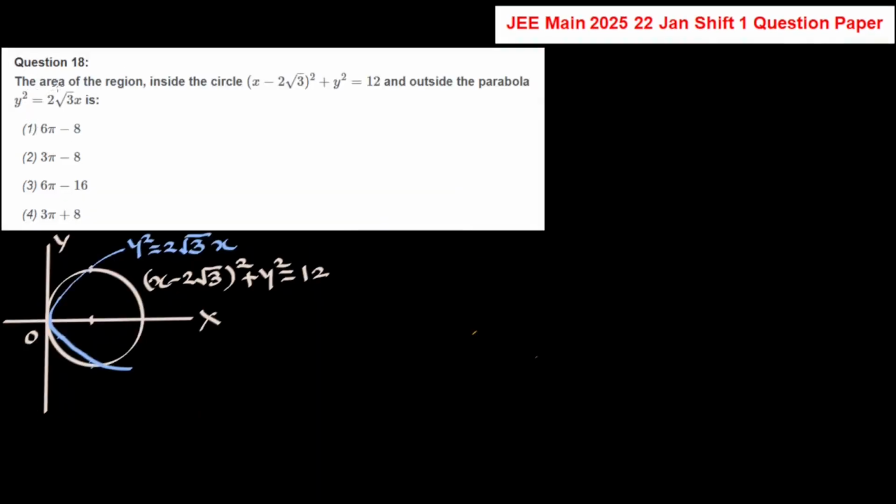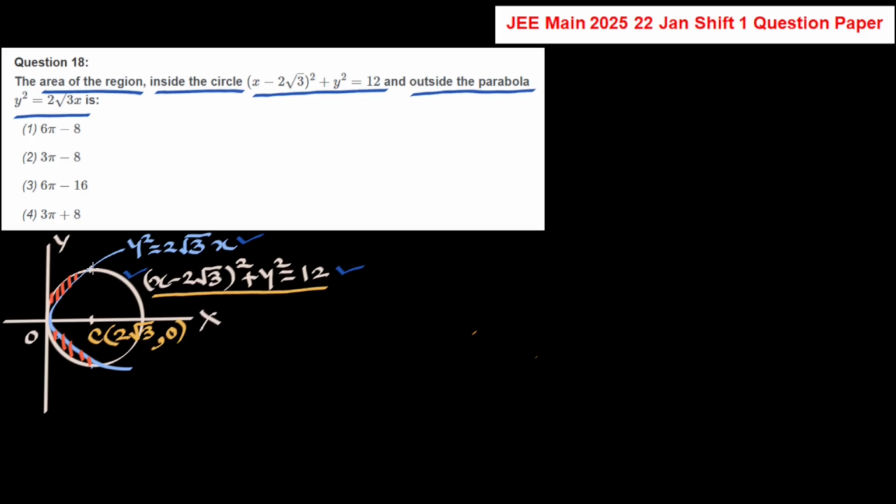Here we have to find the area of the region inside the circle and outside the parabola, which means this area. The equation of the circle shows that the center of the circle is (2√3, 0), and the point of intersection can be found by solving the equation of the circle and the equation of the parabola simultaneously.